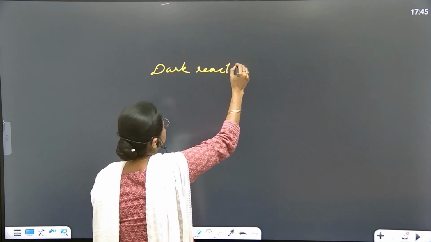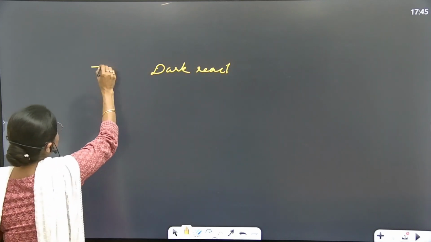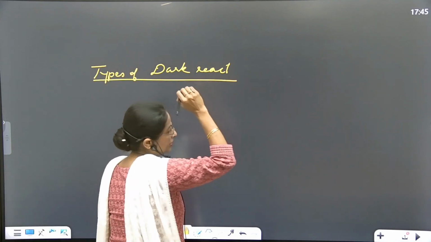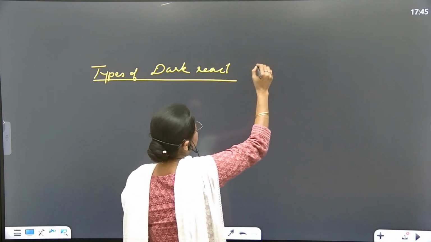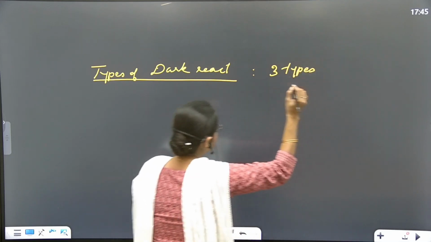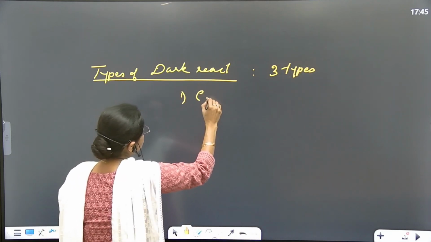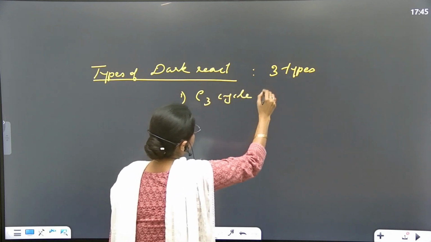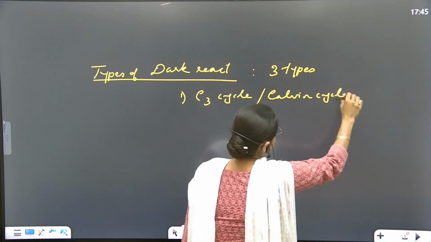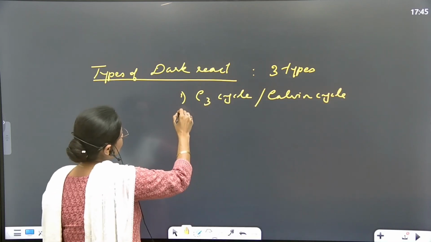We'll also have to talk about types of dark reaction. When we talk about types of dark reaction, generally we talk about 3 types, right? The most common type is the C3 cycle or the Calvin cycle.